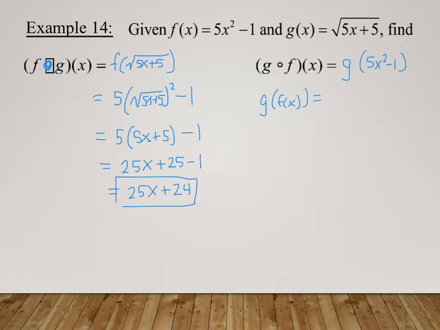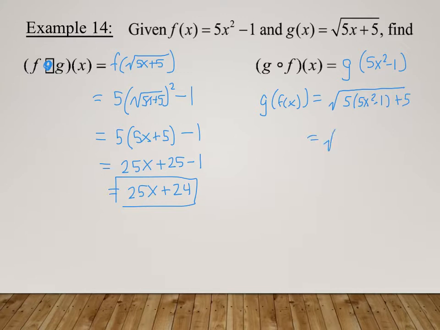We're not evaluating yet. So in this particular case, it's just going to be the square root of 5 times 5x squared minus 1 plus 5.